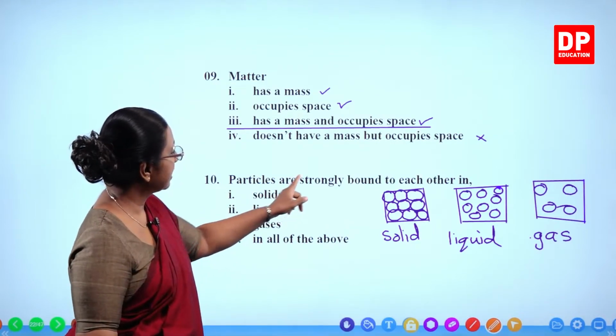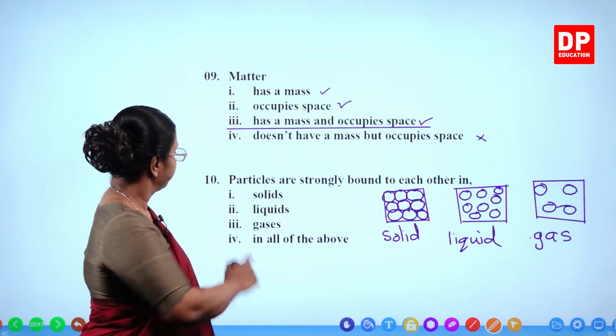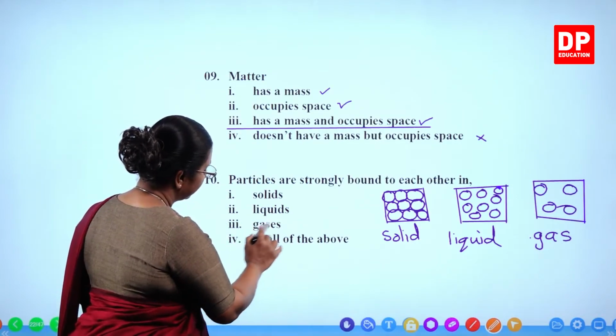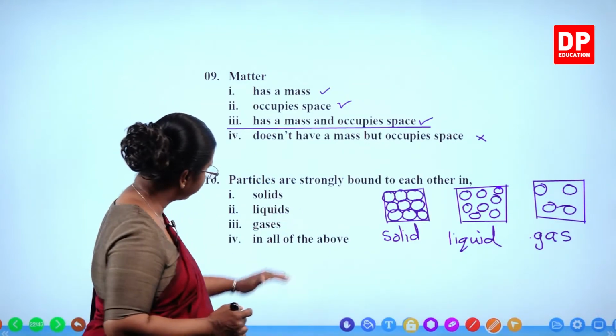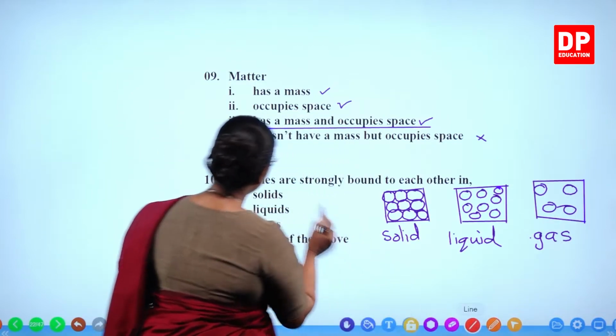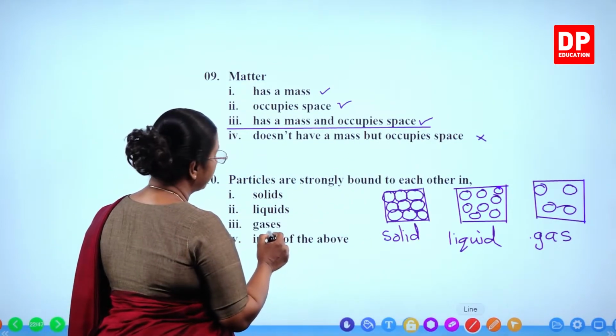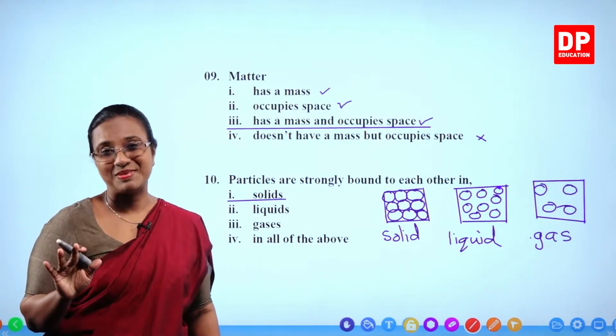So, particles are strongly bound to each other in where? In solids. Out of the four answers, solids is the correct answer. Particles are strongly bound to each other in solids. I am sure you can remember that.